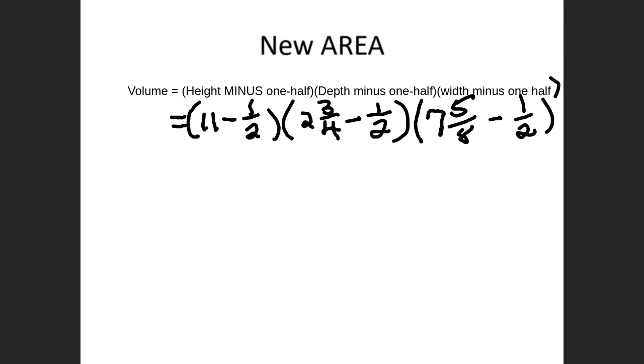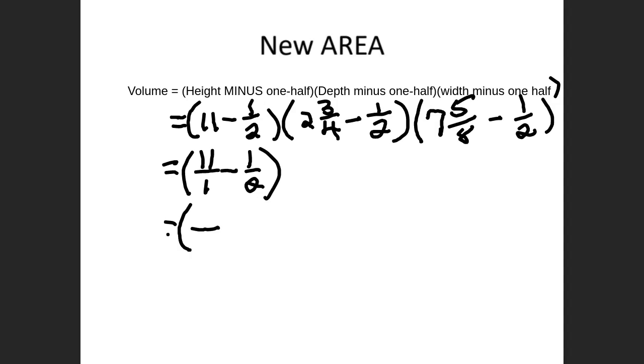Well, we are going to need to get common denominators. Okay? Well, here we go. This is going to give me 11 over 1 minus a half.